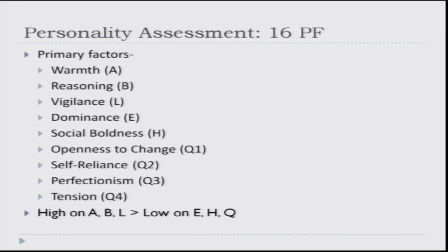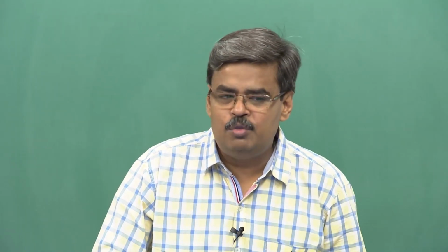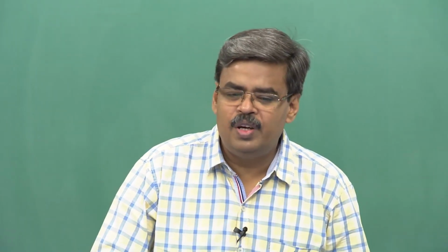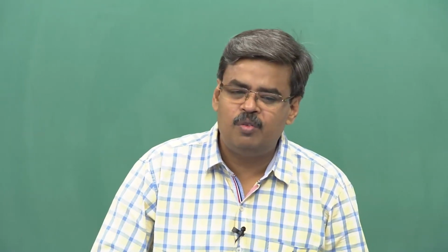Now, what happens in the case of 16PF? You get the items, you respond to them, and then you are assessed. What is interesting in this assessment is that if you are high on certain qualities, you are supposed to be low on other qualities. So, I have chosen only those factors where one of the concepts in this test is given of high and low.